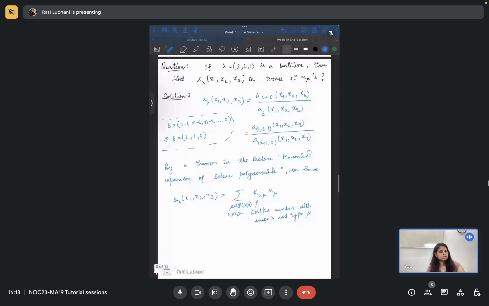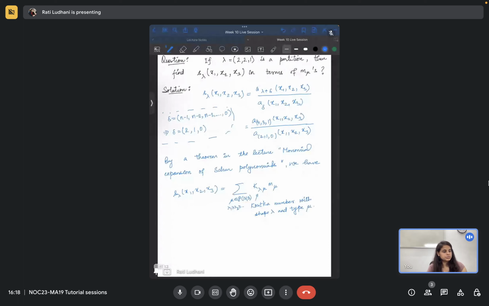So by a theorem in the lecture notes, the monomial expression of Schur polynomial from week 11, we have s lambda (x1, x2, x3) equal to the summation of k lambda mu m mu. This will be the Schur polynomial, and we'll use it to calculate. That's why I was saying, if you know how to calculate the Kostka numbers, then you can easily calculate the Schur polynomial.